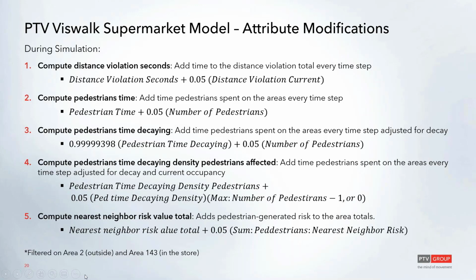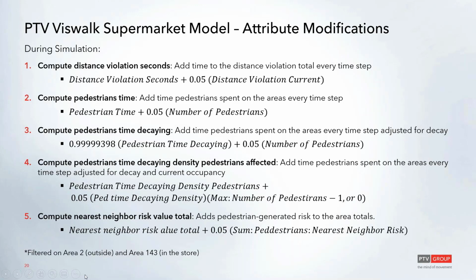And then we'll take that pedestrian time and apply a decaying factor to it. So we can look at the difference between the total time spent by pedestrians versus if we had some sort of decay rate, an arbitrary decay rate.